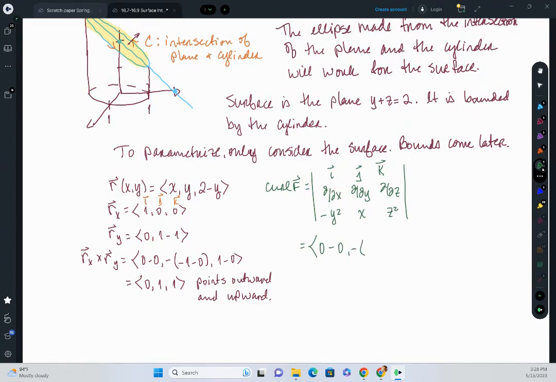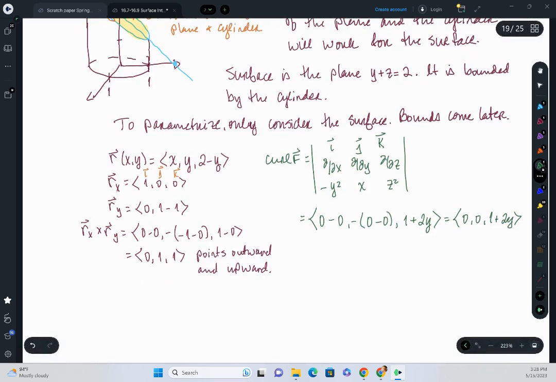In my second component, I have a minus, and then in parentheses, del del x of z squared, which is 0, minus del del z of negative y squared, that's also 0. My third component, I have del del x of x, which is 1, minus del del y of negative y squared, which is negative 2y, so I'll end up with plus 2y. And then this just simplifies to be 0, 0, and 1 plus 2y.